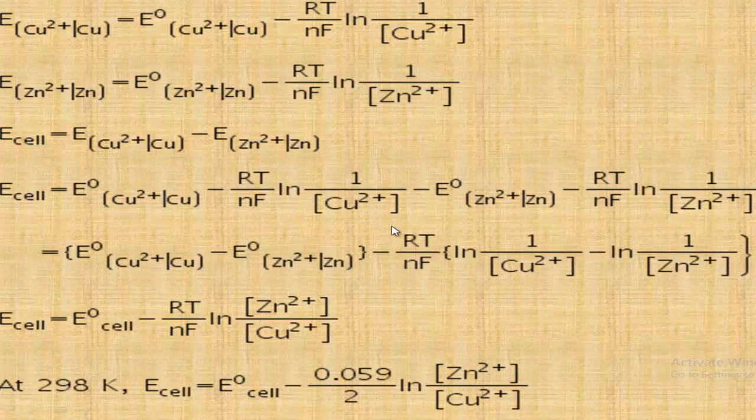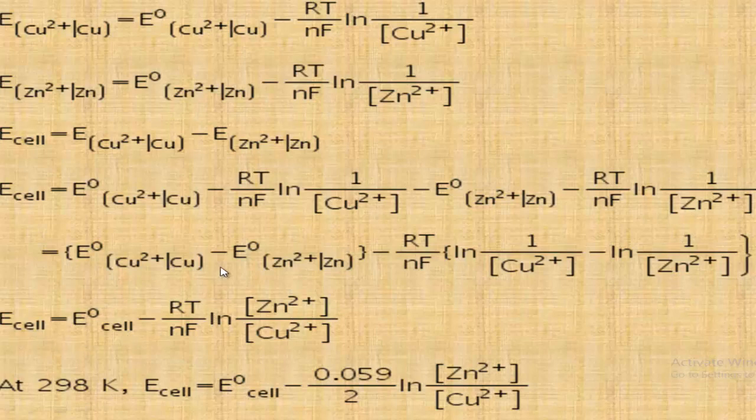Here we will write first this part and this part, and from these two parts we take the common RT divided by nF ln, then we get ln 1 by copper ion minus ln 1 by zinc ion concentration. This third bracket is for concentration, it denotes the concentration of electrolytes.